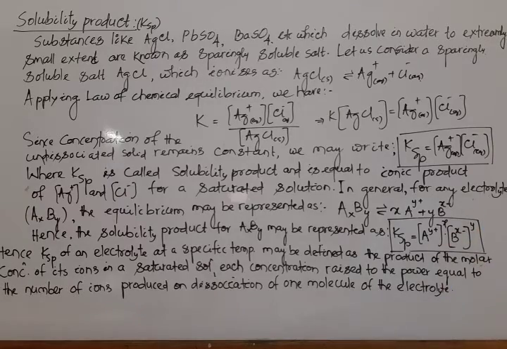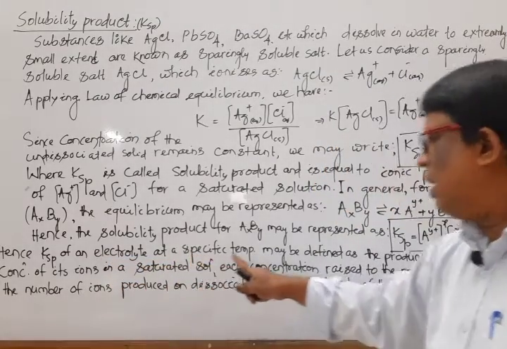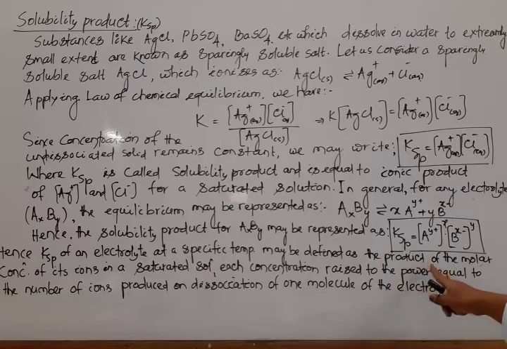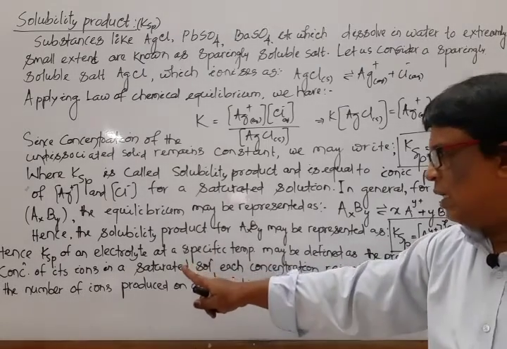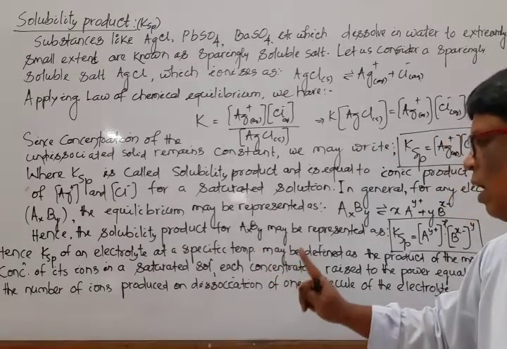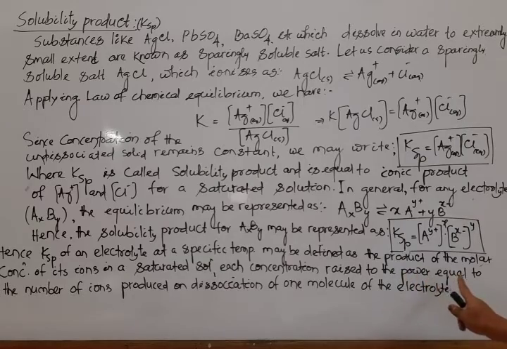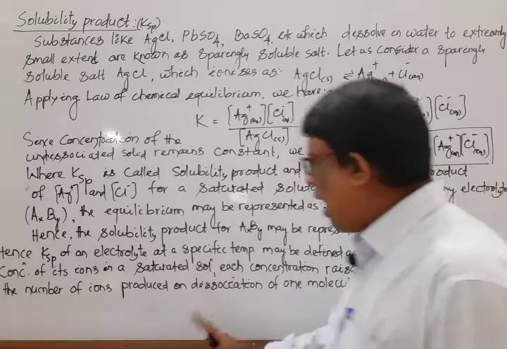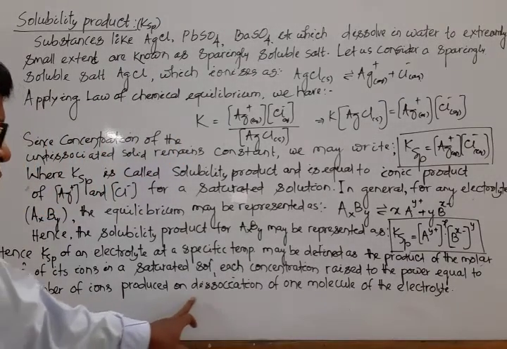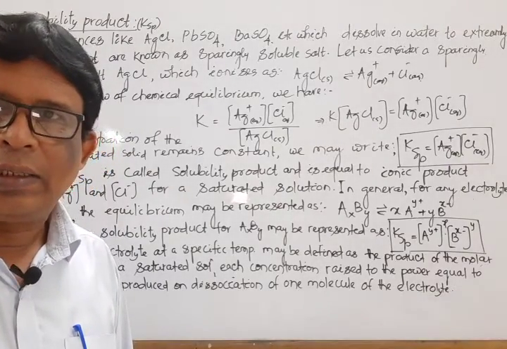So from this equation, the solubility product of an electrolyte at a specific temperature may be defined as the product of the molar concentrations of its ions in a saturated solution, each concentration term raised to the power equal to the number of ions produced on dissociation of 1 mole of the electrolyte.